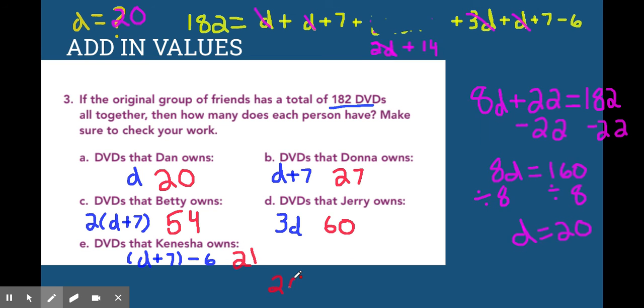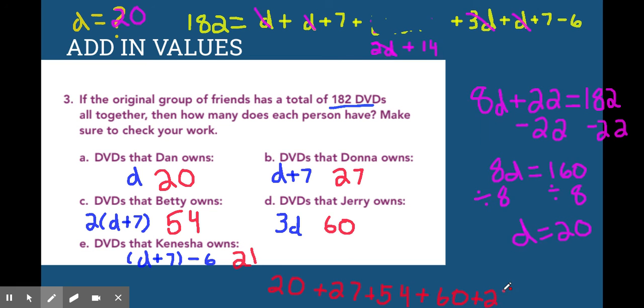So I should be able to do 20 plus 27 plus 54 plus 60 plus 21. And what should that equal?